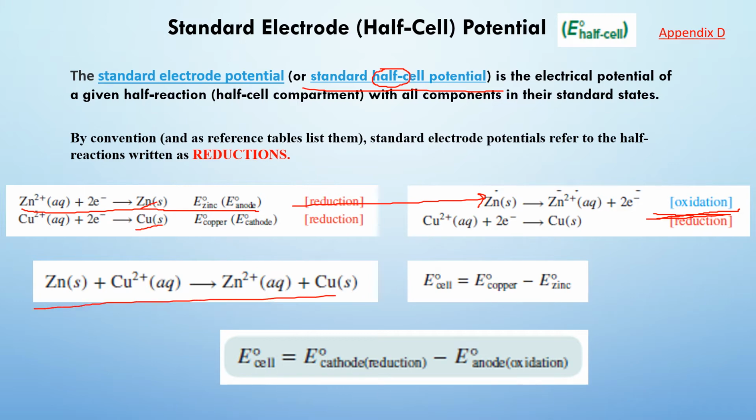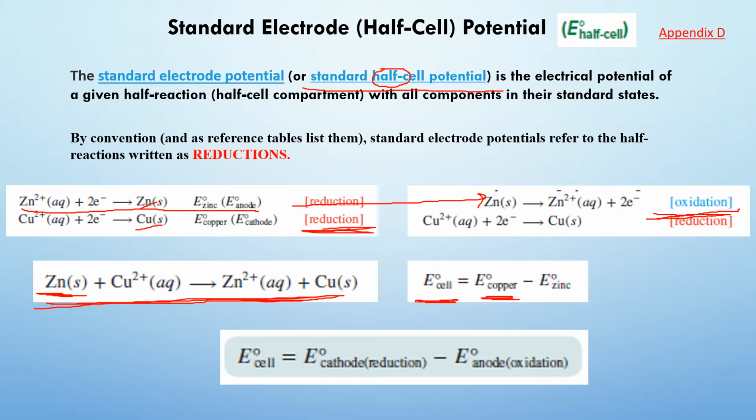Looking at this overall redox reaction, the standard cell potential is equal to the standard half cell potential of copper, so we use the value from the appendix directly for the reduction. Then, because we have reversed the zinc reduction, since in the overall reaction solid zinc is on the left hand side, we have to reverse it.